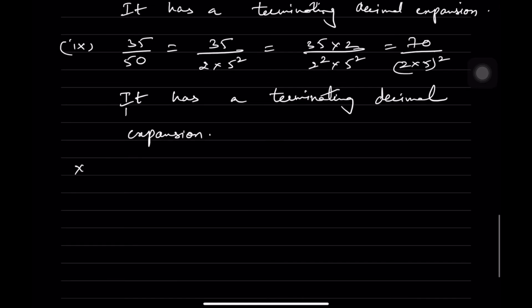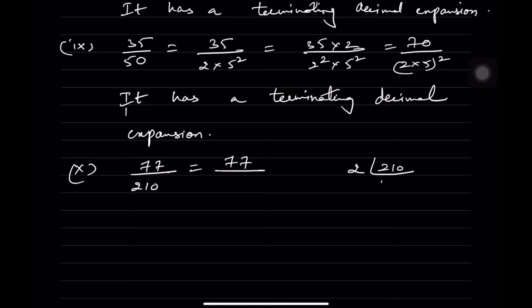Next, 10th one. 77 divided by 210. Now what is the LCM of 210? We'll see. 2 ones are 2, 2 zeros are 20, 2 fives are 10, then you have to go into 5, 5 twos are 10, 5 ones are 5, then 3 sevens are 21, 7 ones are 7. So you're having in the denominator a multiple of 2 into 3 into 5 into 7.